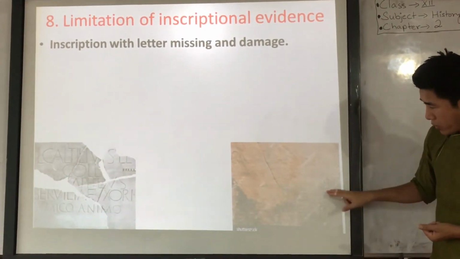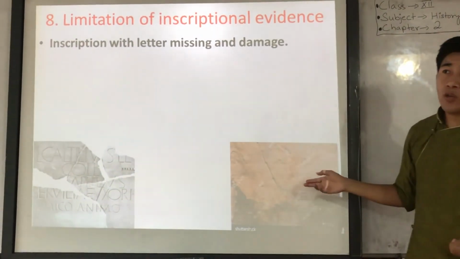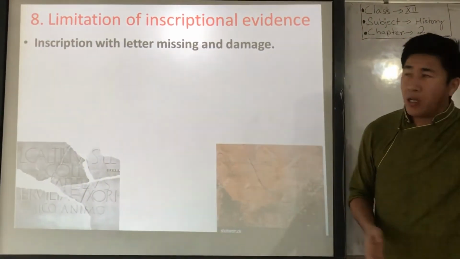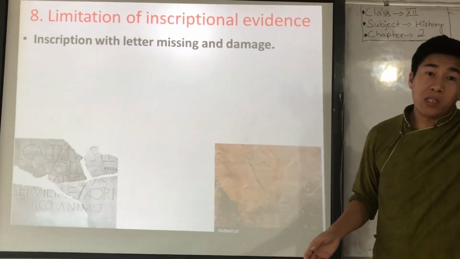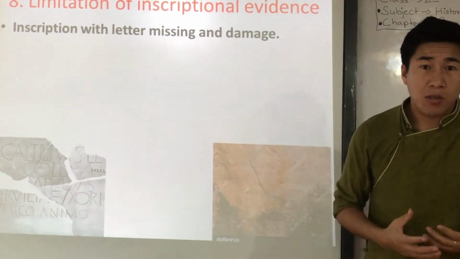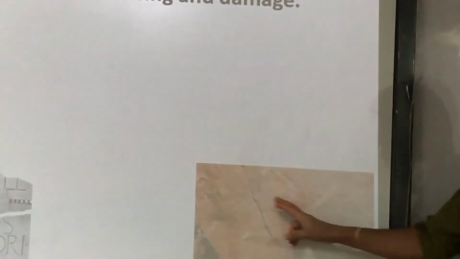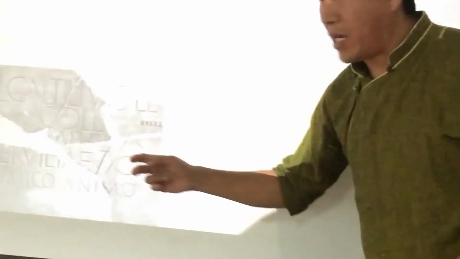See, some inscriptions have missing letters, right? These inscriptions were issued more than 2000 years ago. So of course we are not able to find all inscriptions in good condition. See, the letter-missing inscription, and here the damaged inscription.